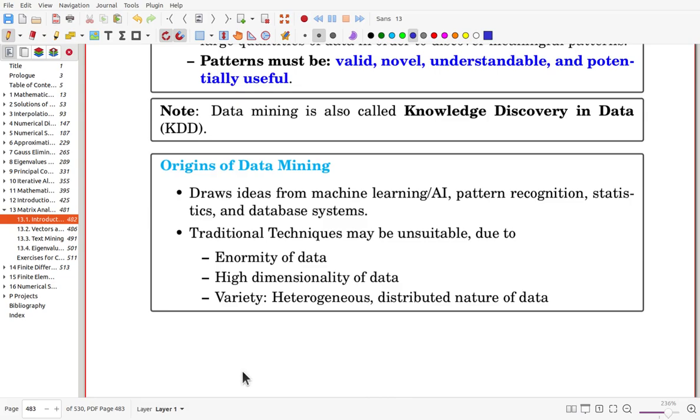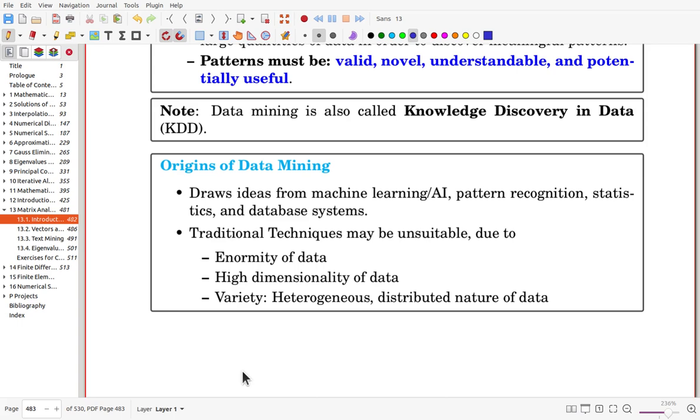As for the origins of data mining, we can draw ideas from machine learning or pattern recognition, some statistical analysis, and also database management.